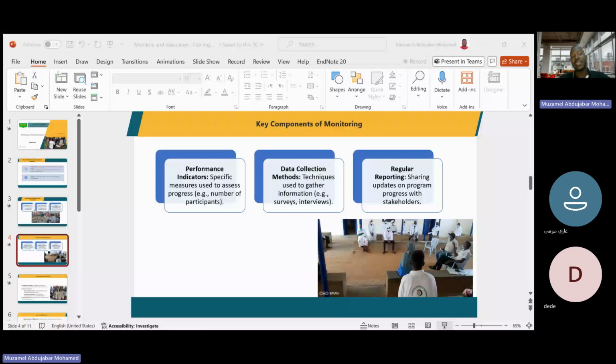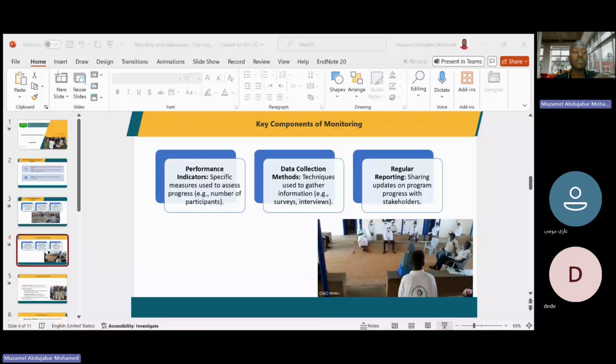Then collect data, gathering the information according to your plan. If your plan requires numbers, you use the quantitative method. If your program needs to collect information and data about the perceptions or the ideas of the people, you have to use the qualitative method.